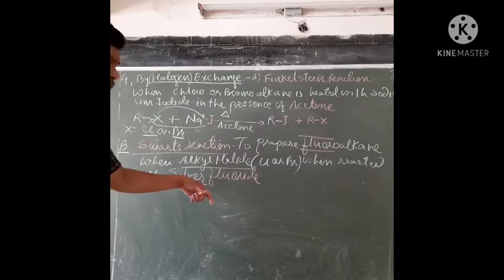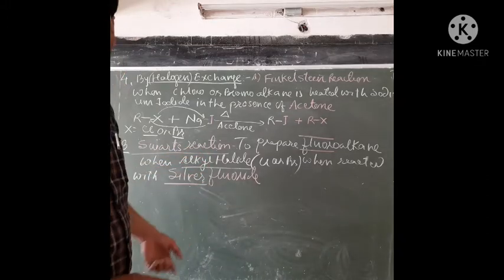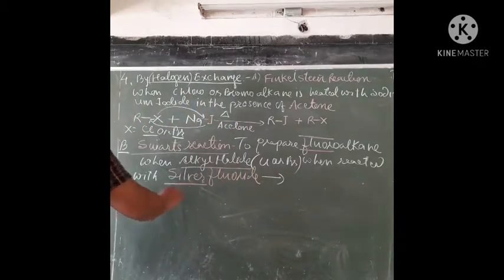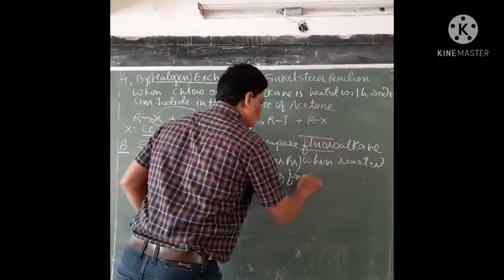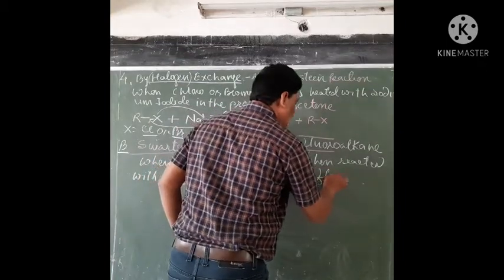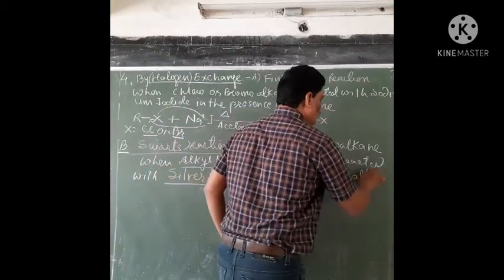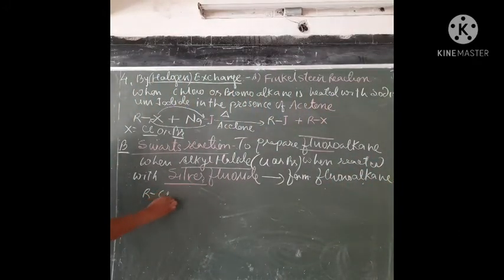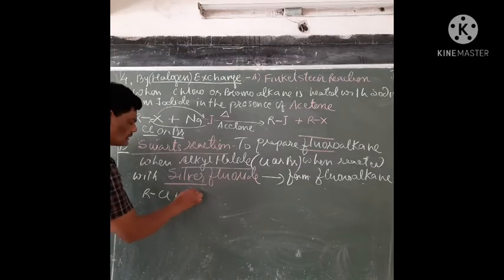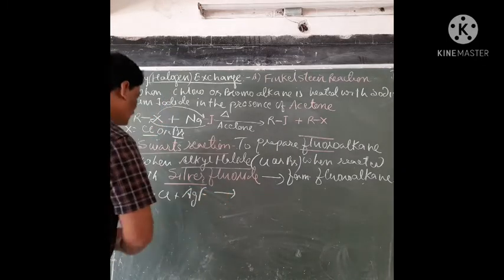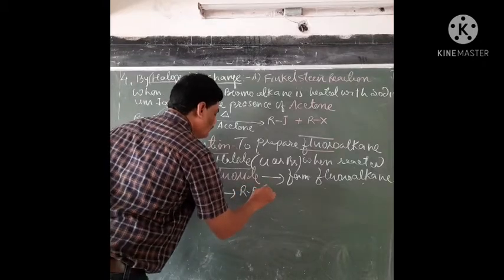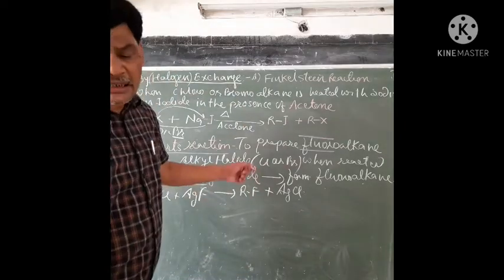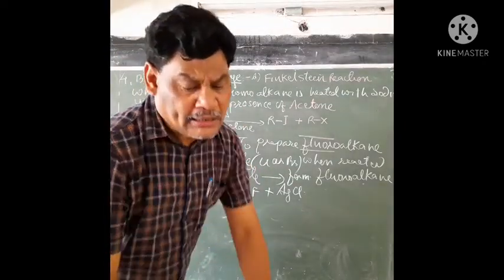That is, it is not a perfect ionic compound. Then it forms fluoroalkane. So RCl, you can also take Br, plus AgF forms RF plus AgCl.